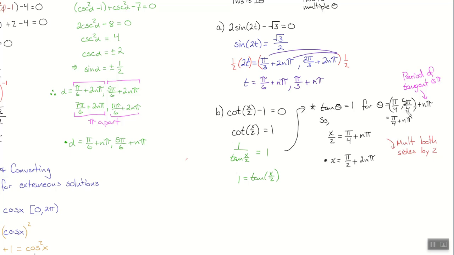Now, this answer is okay, but if we recall that tangent has a period of pi instead of 2 pi, then these are really the same answer. I get the same one over and over. So I can simplify this expression, because that's my period, and then we do the same thing. If this is what the argument has to be, my angle, but it was x over 2 instead of just x, I'll just multiply both sides by 2, and we're done.